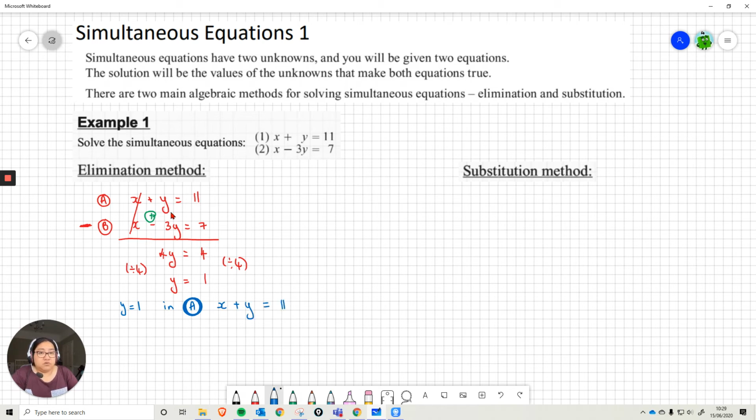But because I know y equals 1, I'm going to replace this y with 1. And I can see something add 1 equals 11. So my x must be 10. And that means my final answer is x equal to 10 and y equals 1.